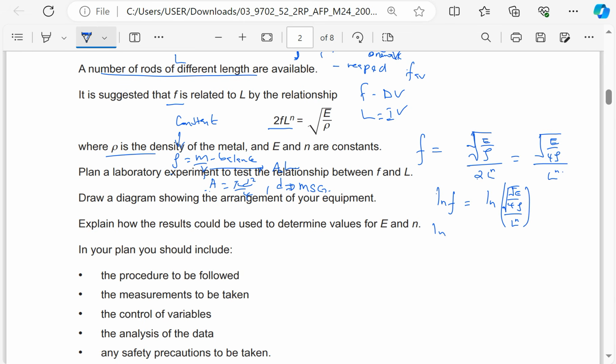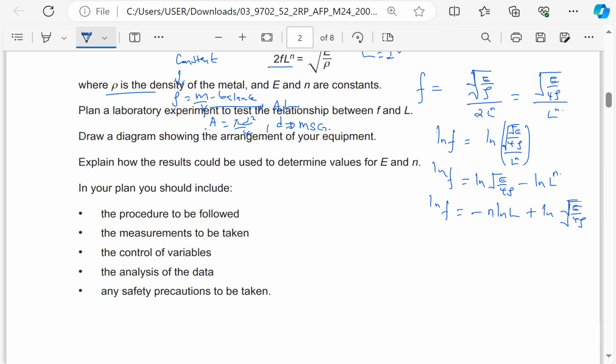This is the same as ln f equals, when I open the bracket, I subtract: ln of the root of E over 4 rho minus ln of L to the power n. So ln f equals negative n ln L plus ln of the root of E over 4 rho.